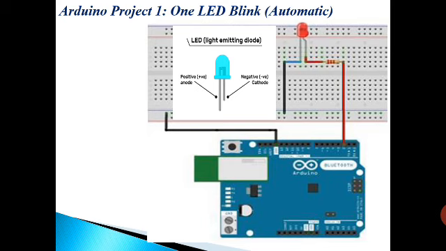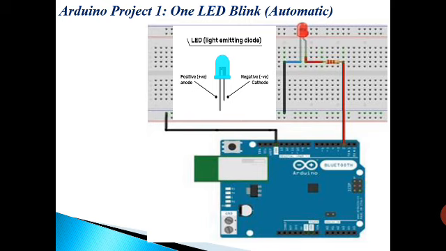Okay, so the only concept is the negative of the LED will be permanently connected with the ground of the Arduino board, and the positive of this LED will get the power for some time and will not get the power for some time from the Arduino. So automatically the LED will go on and off.